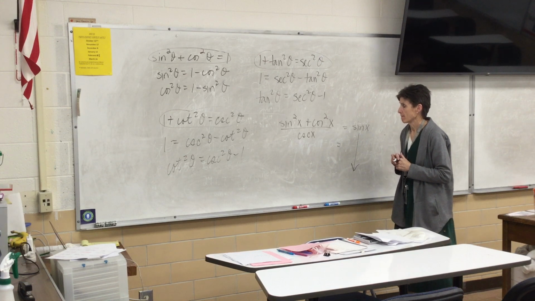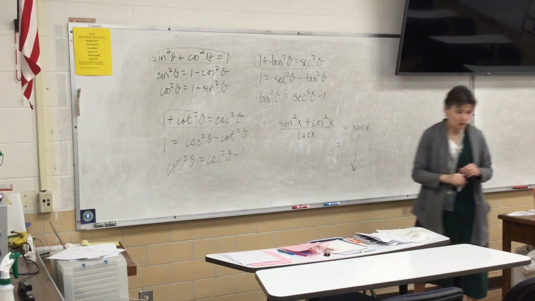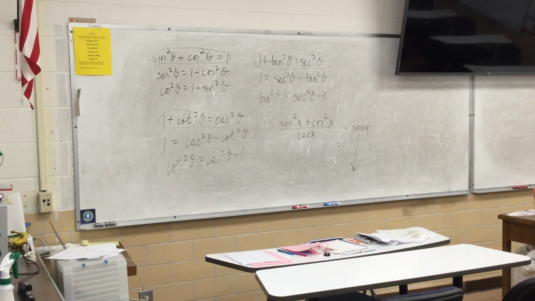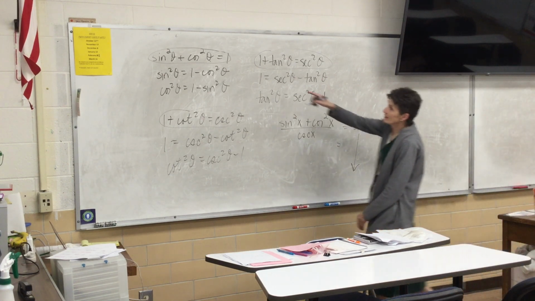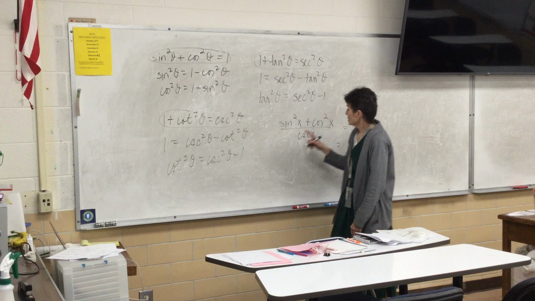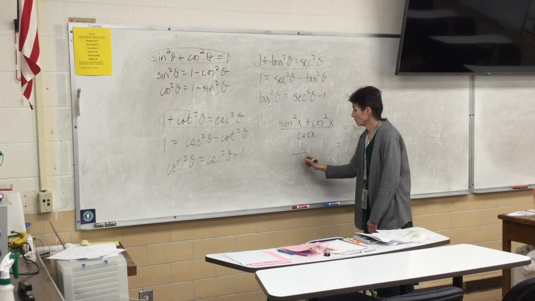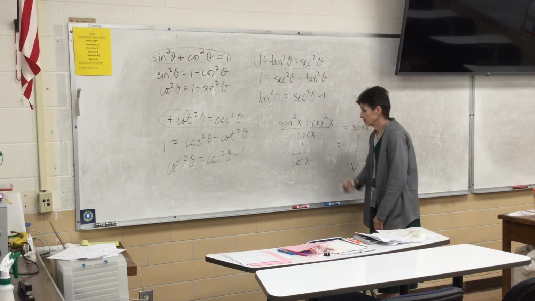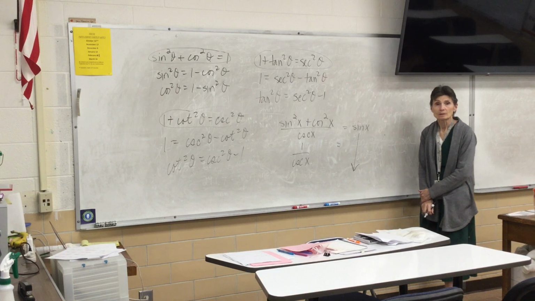Okay. So take a look at your sheet. Tell me what you see in that numerator. What do you see in the numerator of that problem? I hope you see a 1, because sine squared plus cosine squared is 1. Right there it is. So that's 1 over cosecant.